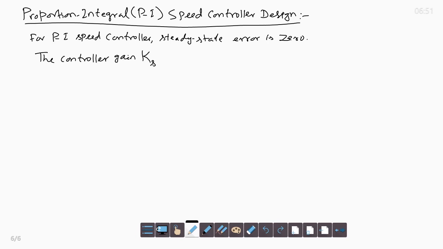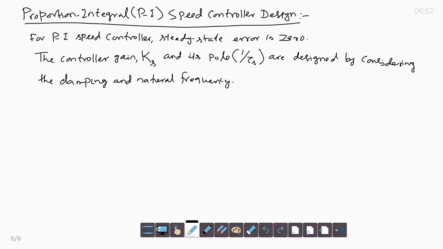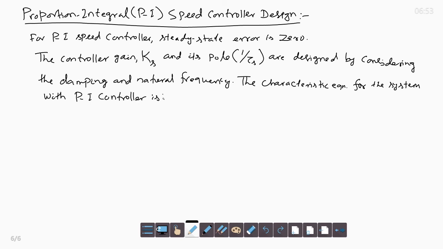The controller gain Ks and pole, that is 1 by tau S, are designed by considering the damping and natural frequency. The characteristic equation of the system with PI controller is 1 plus S tau S plus S square tau S tau 2 equals 0.